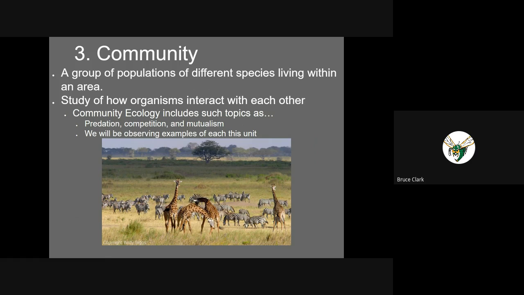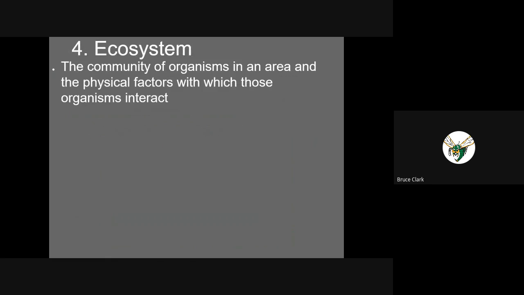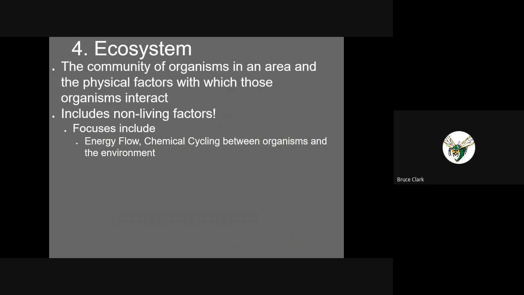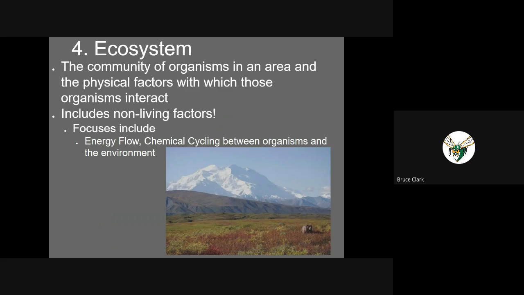One size up from there, we have all the living factors. When we add in the non-living factors, now we're talking about the entire ecosystem. So pictures below, I have, oh, that's the Denali ecosystem up in Alaska. We can look at all the organisms and how they interact.